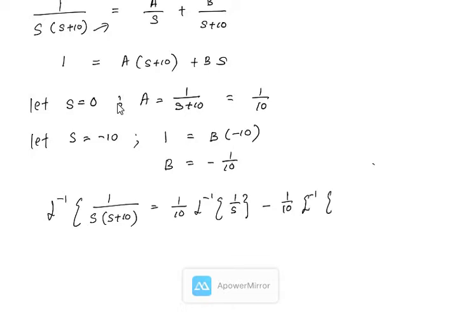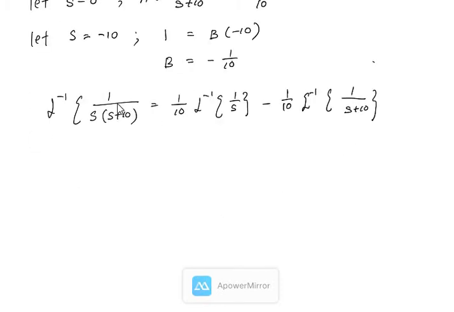Inverse Laplace transform of 1 over s plus 10. So from table of Laplace transform, we know that inverse Laplace transform of 1 over s is equal to 1, while inverse Laplace transform of 1 over s plus 10 is equal to exponent minus 10t. And so this is equal to 1 over 10.